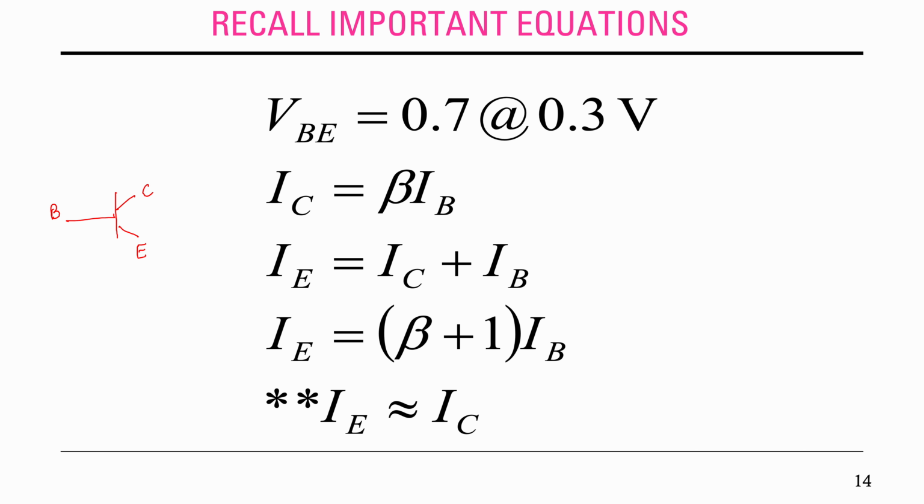The voltage across here is known as VBE, and it is 0.7 volts if it is silicon, or 0.3 volts if it is germanium. Usually the question will mention the type of transistor, so you don't have to worry.